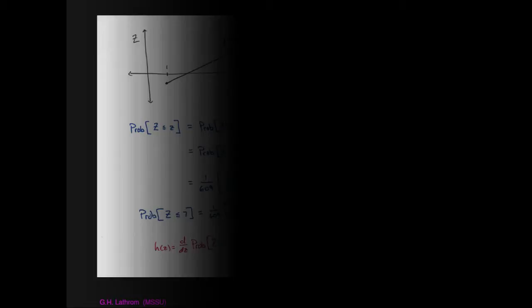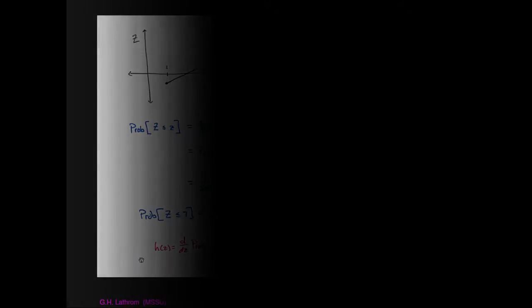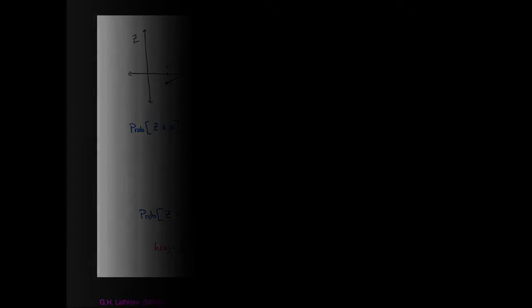And once again, if we want the PDF of capital Z, we take the derivative with respect to z of our CDF, which ends up giving us 4 over 1827 times the quantity (1/3 z plus 5/3) to the third power.